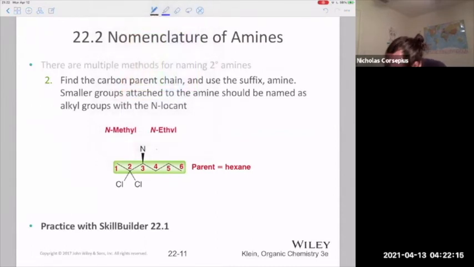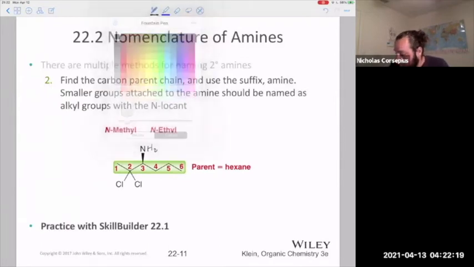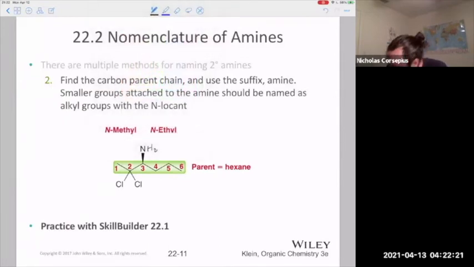Let's say this is H2. Of course, I've got to account for those two chlorines, but this would be 2,2-dichloro-3-hexanamine, right? But that would be if it was primary.